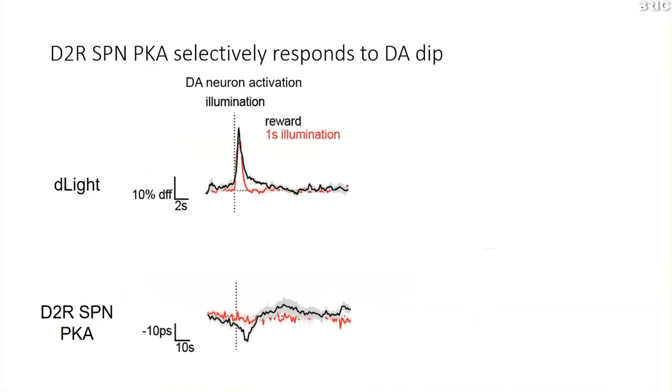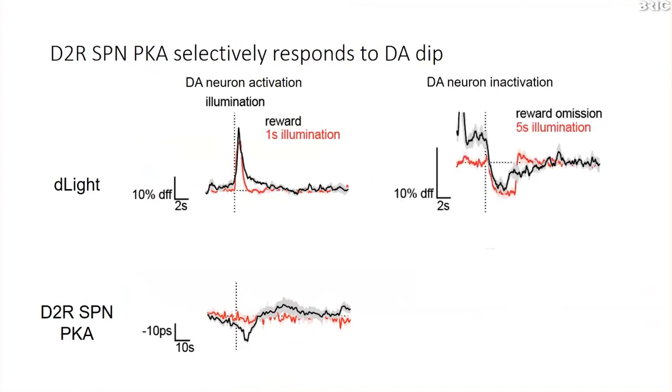And this suggests that there is a minimal binding of dopamine on D1 receptor at baseline. On the other hand, the opposite trend has been found in D2 receptor SPN PKA activity. When you activate dopamine neuron using Chrimson, there is almost no change in PKA activity, and therefore the small reduction in PKA activity in D2 receptor SPNs during behavior again is most likely dopamine receptor independent. For dopamine neuron inactivation, we tried to match the GtACR activation so that the dip in dopamine caused by optogenetic manipulation is similar to that of the reward omission response.